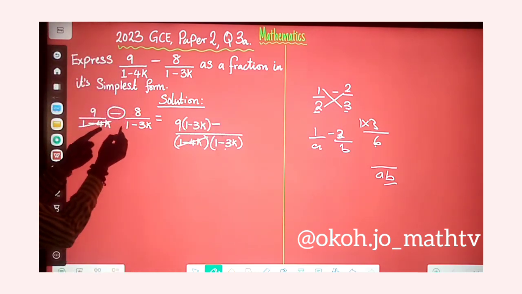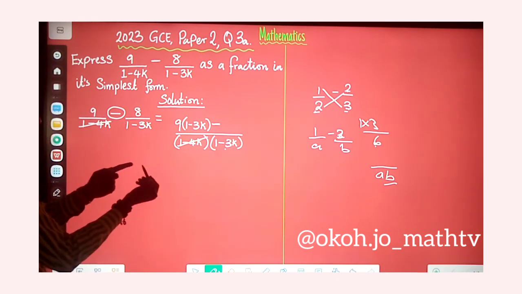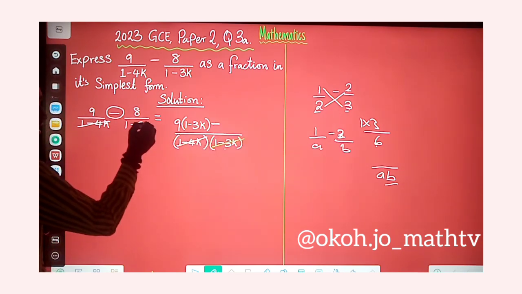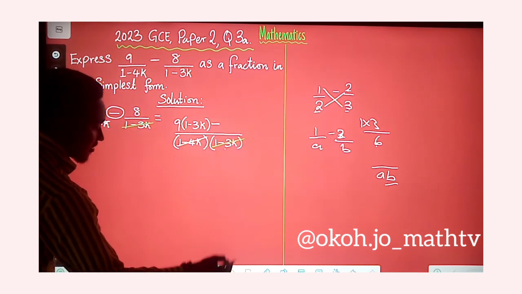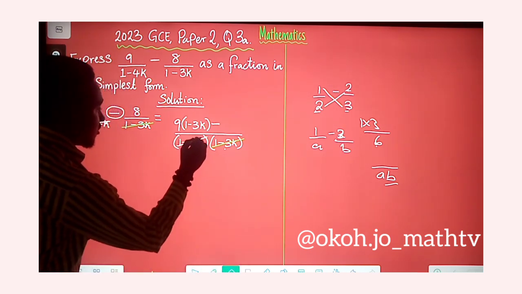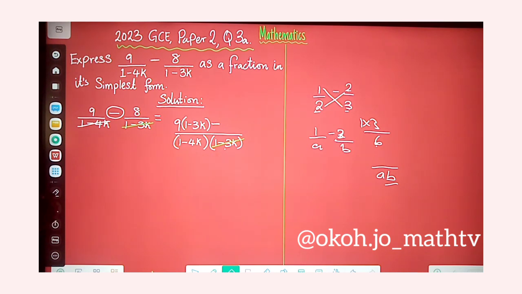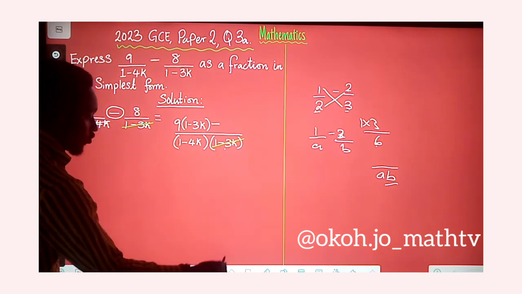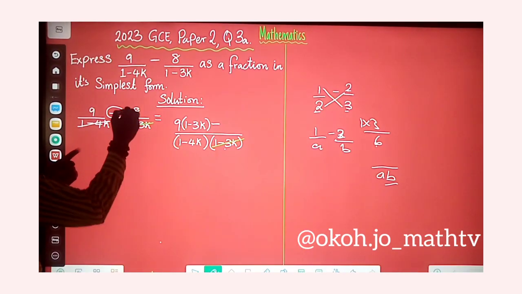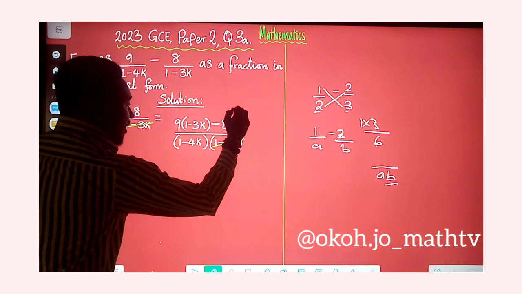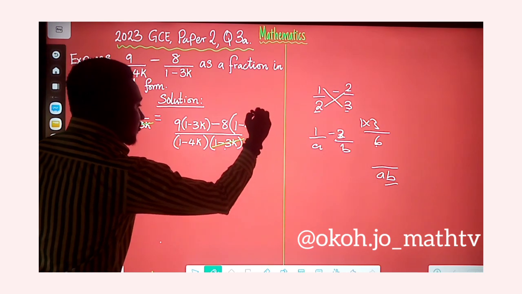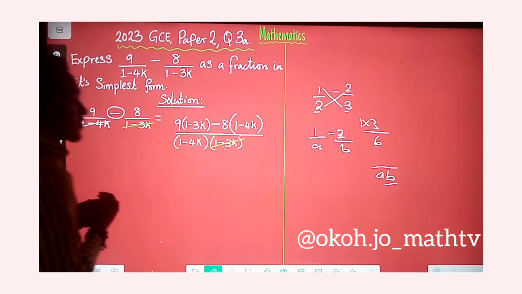Then if 1 minus 3k is to go into this LCM, we eliminate this, and what will be left for us is 1 minus 4k. So bring down this 8 and multiply it with 1 minus 4k, close your bracket. We can extend this.